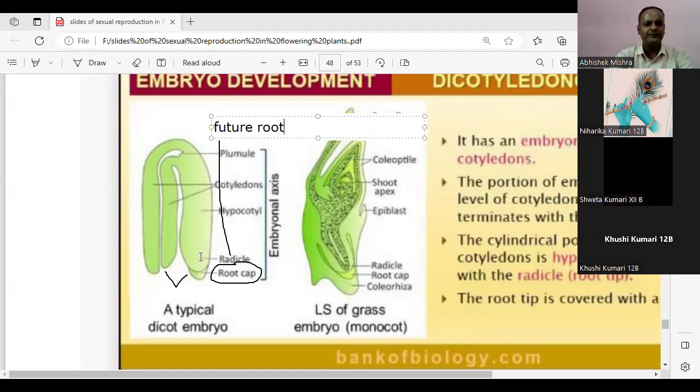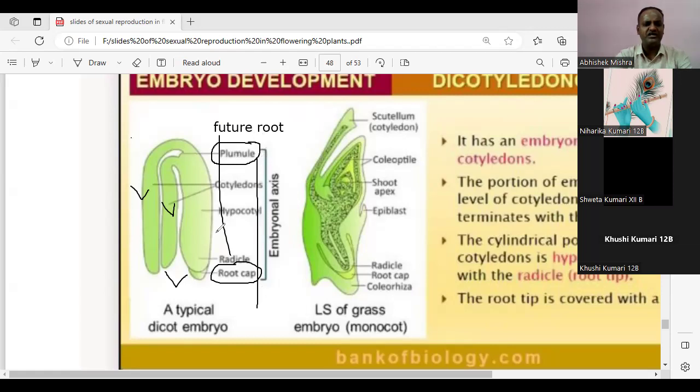Now you can see in this image again, these two are the cotyledons. The cotyledon stores food, and this part is the plumule. And what is the function of the plumule?